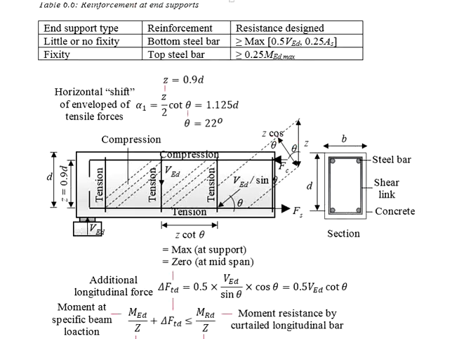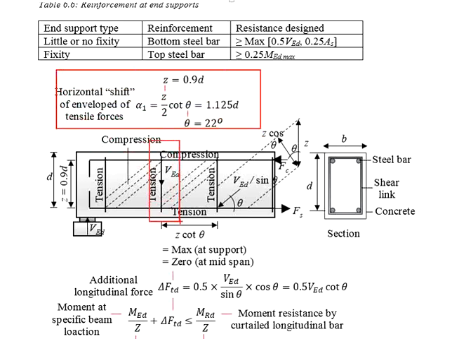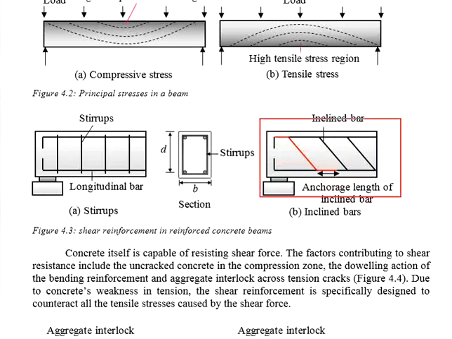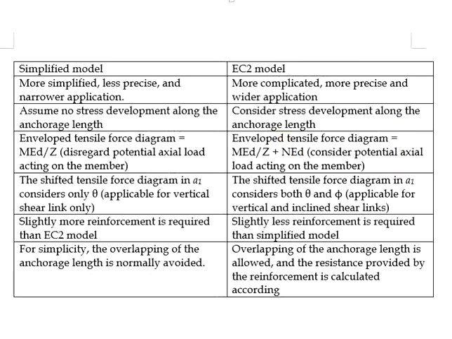In other words, the simplified model is only applicable for vertical shearing, whereas the Eurocode model is applicable for both vertical shearing and also inclined shearing. This makes the Eurocode model have wider applications.